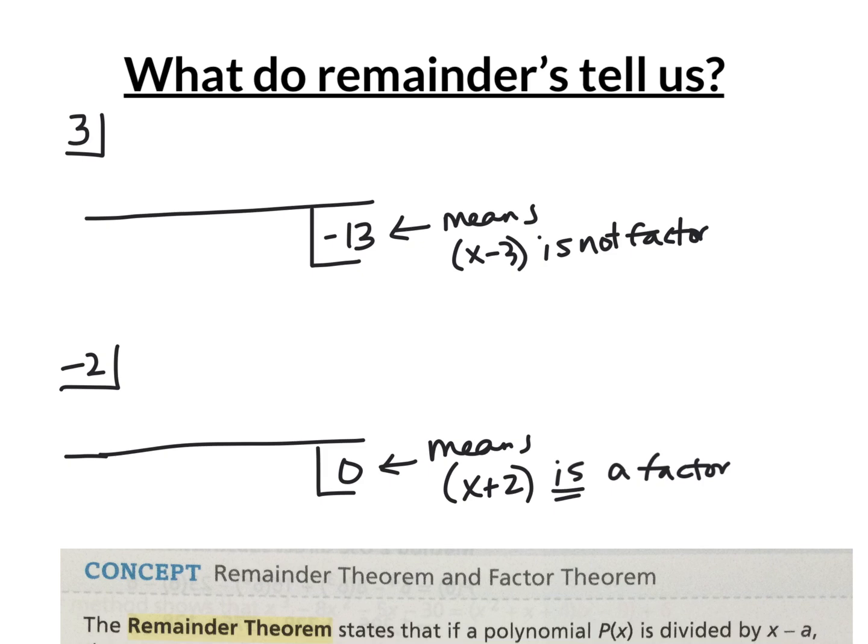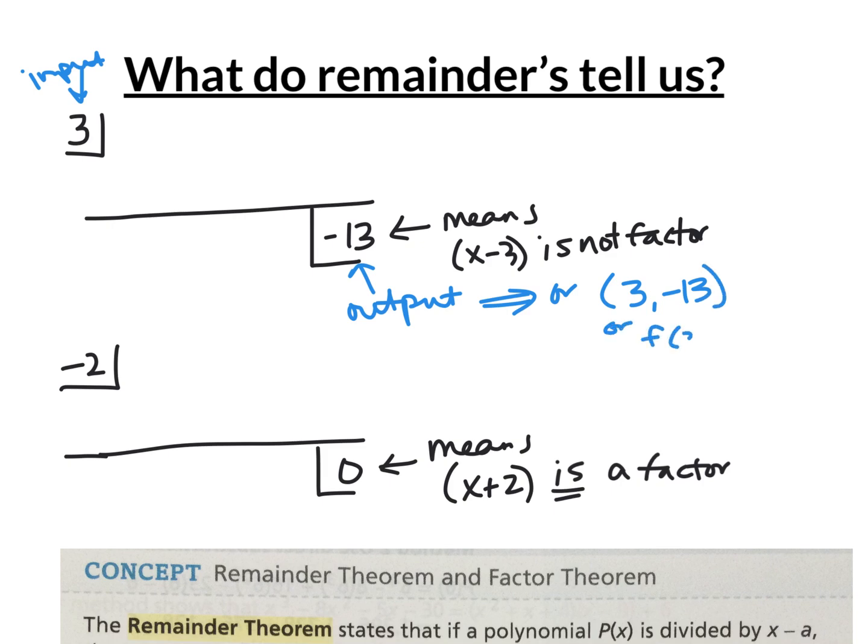Okay, we can also use this to interpret output values. So in this case, I have an input of 3 and an output of -13. Or I can use that to say that 3, negative 13 is a point. Or I can use that to say that f of 3 equals negative 13. The same thing can be said for this other value.